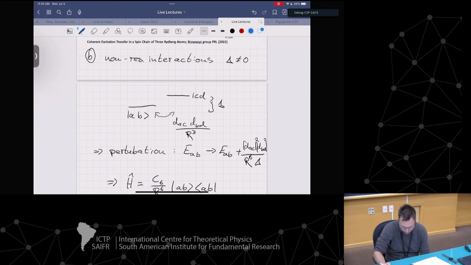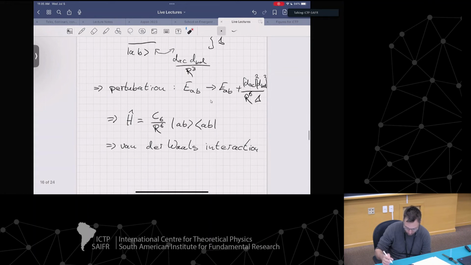So you're in this situation where you have 1 pair state and the second pair state that is detuned, but maybe not too far. And then in second-order perturbation, you basically get this energy shift. Because it comes from the dipole interaction, R to the 3, but now second order, so R to the 6, and we get these dipole moments squared here. And then we got this Hamiltonian that basically is just the energy shift of this pair state.